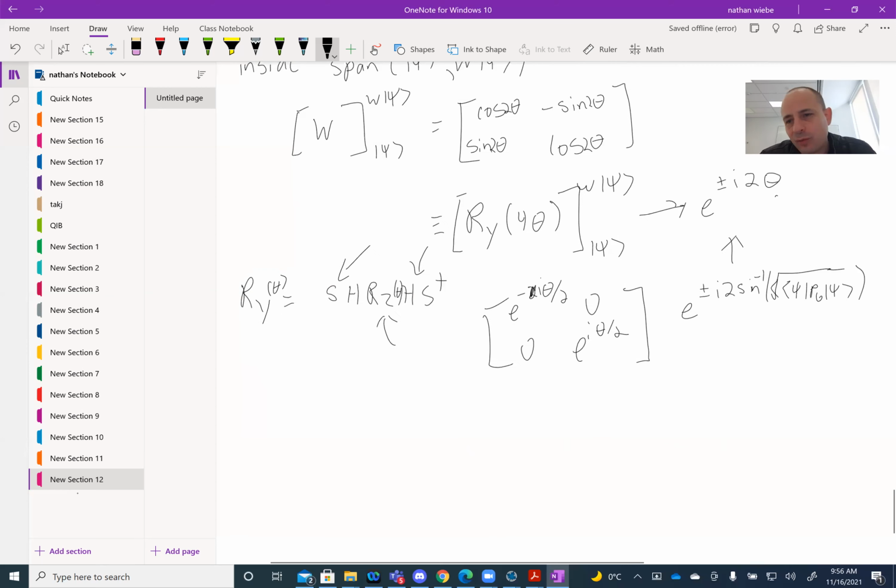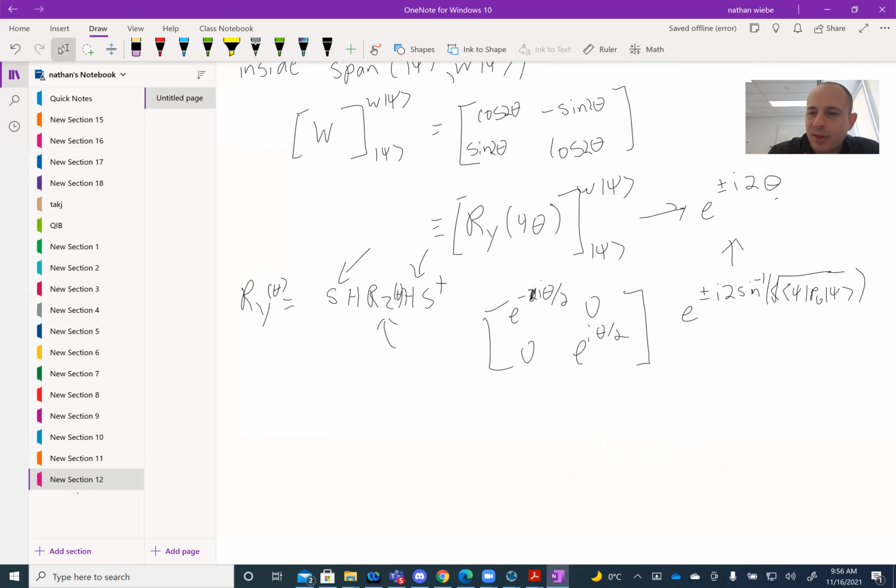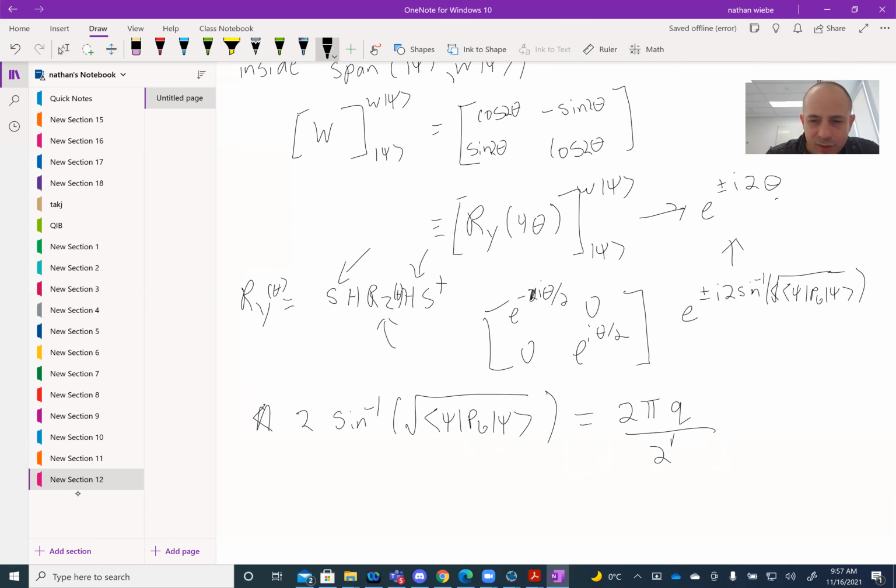So let's just assume, for the sake of simplicity, that 2 arc sine square root of <psi|P_G|psi> is equal to 2 pi q divided by 2 to the n.